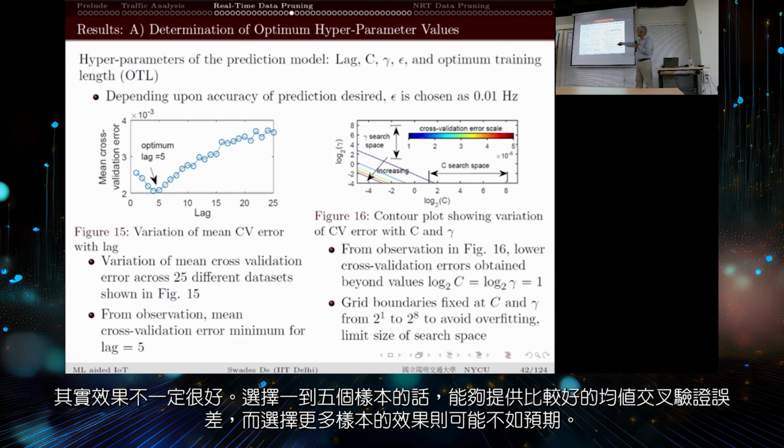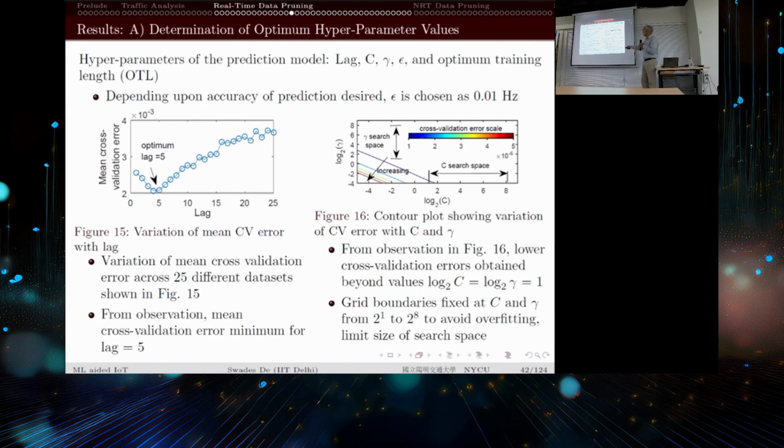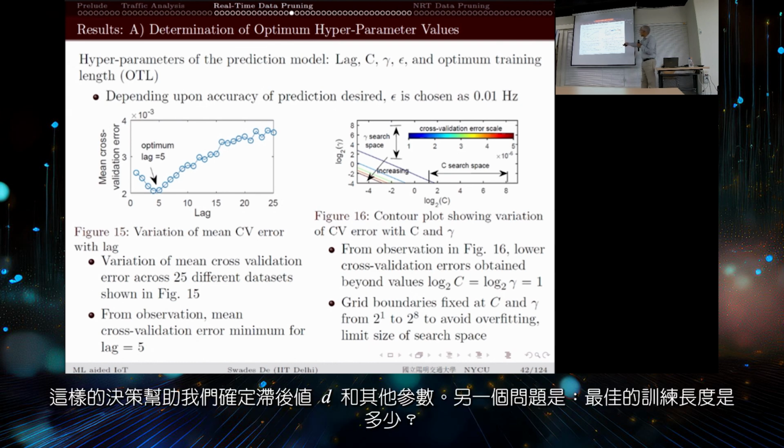So up to 1, 2, 3, up to 5 somewhere, this is giving reasonably good mean cross-validation error, and choosing larger is not. So this is kind of deciding for us what the lag value, D value, is.